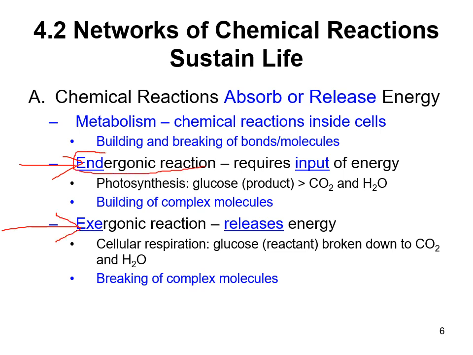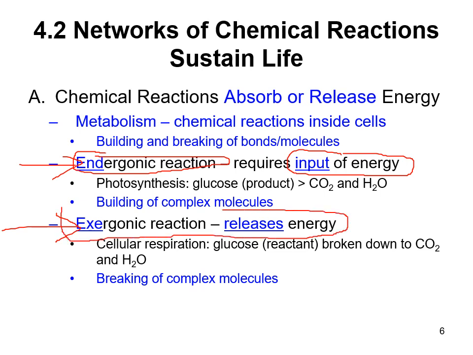Endergonic reactions are going to focus on how we use an input of energy to build or to generate new molecules or reactions. An exergonic reaction is going to do the opposite. Exergonic reactions are going to focus on how we release energy, and the release of that energy is usually due to the fact that we are doing a breakdown or a hydrolysis of complex molecules.